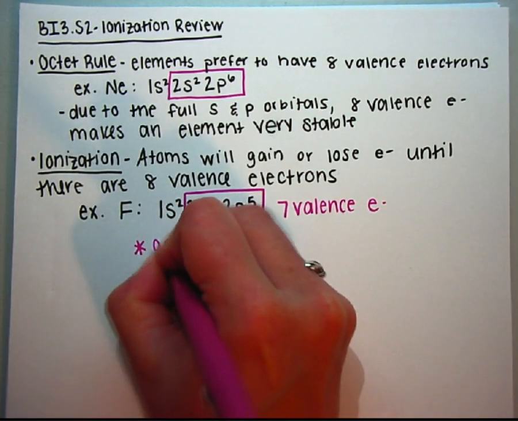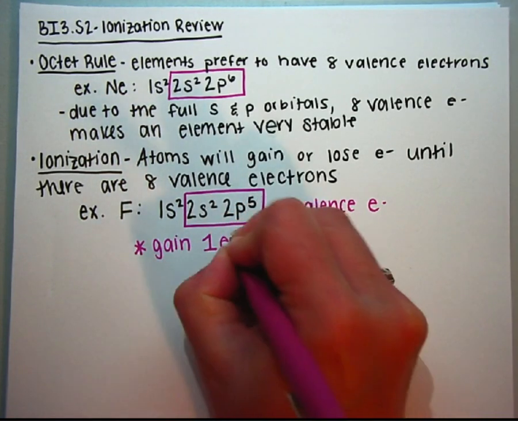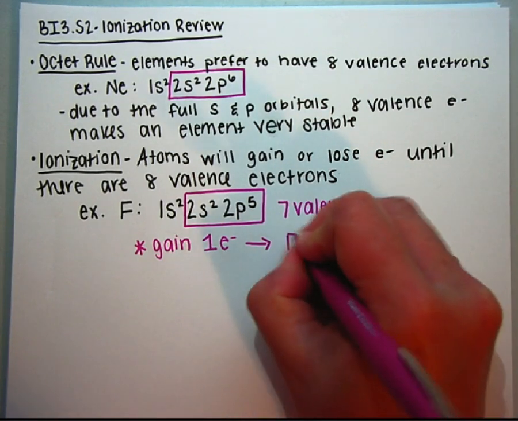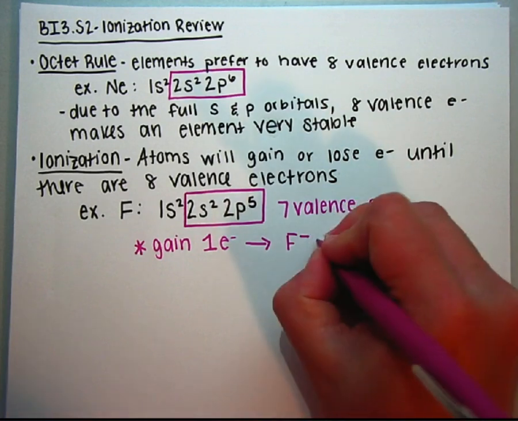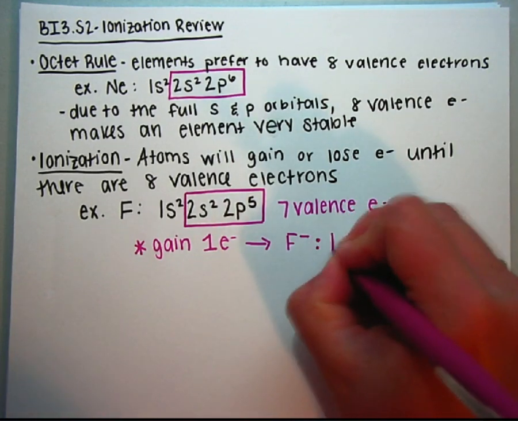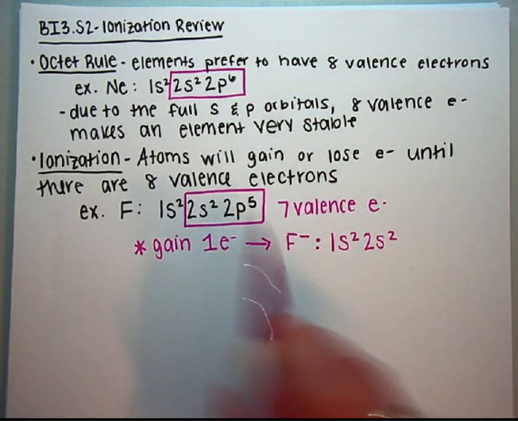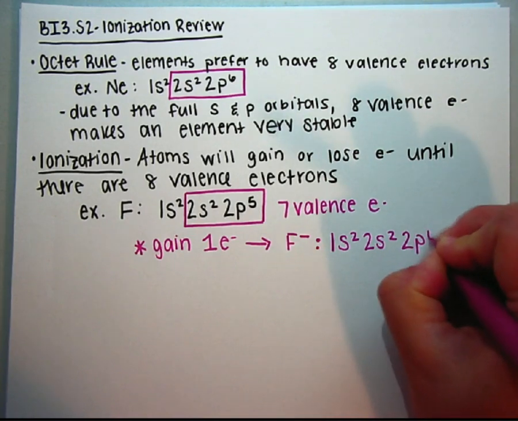That means fluorine will gain 1 electron. If it gains 1 electron, its charge would be -1. If it gains 1 electron, its electron configuration is going to go from 2p5 up to 2p6.